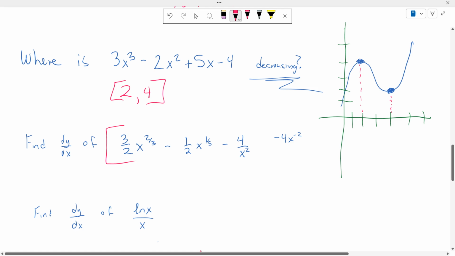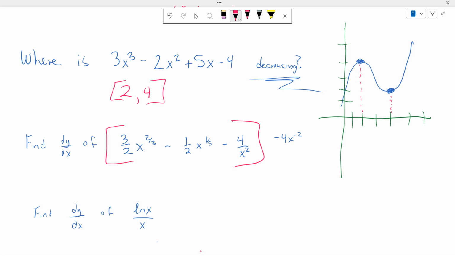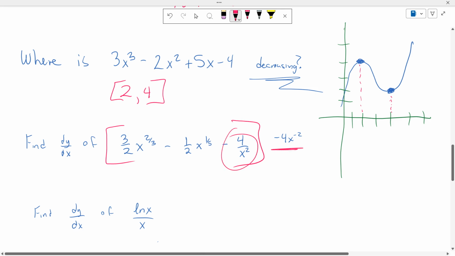What's the first derivative of this thing? Well, the first thing you would do is change this into this, okay? And then take the derivative of it. What's the first derivative of 3 halves x to the 2/3? Well, what's 2/3 of 3 halves? 1.